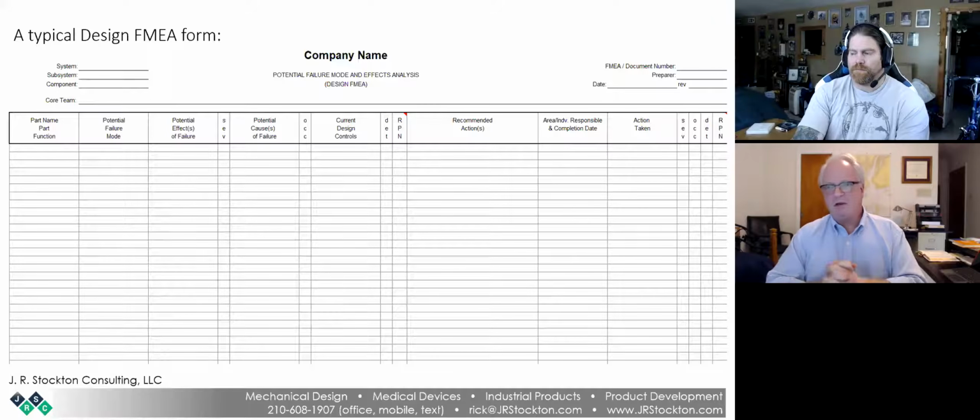But one of the good news things is that what the Automotive Industry Action Group came up with was a very elemental way to look at design and to be able to do it from an engineering level and not doing it from, say, a marketing level.